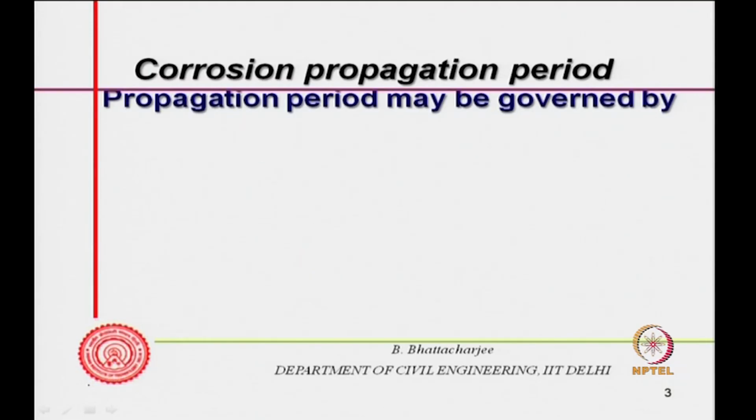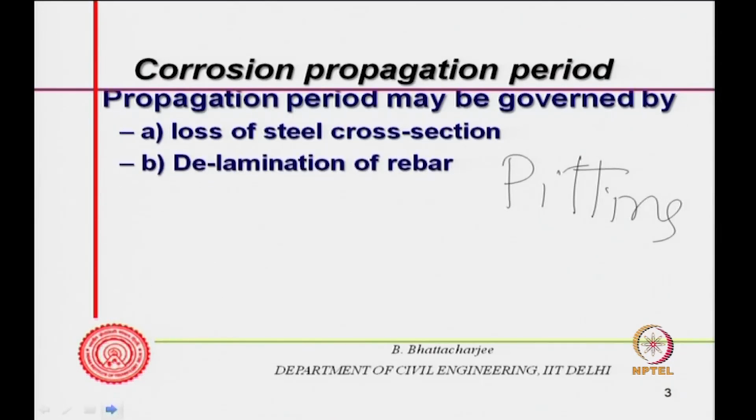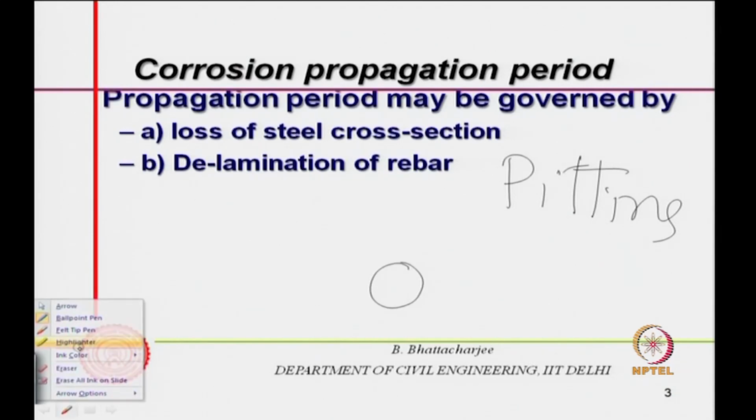Some fundamentals we did look at earlier, but the result of corrosion could be loss of steel cross section, especially in the case of pitting. A second case could be delamination of the rebar. This is your reinforcement bar and the surrounding concrete is here.